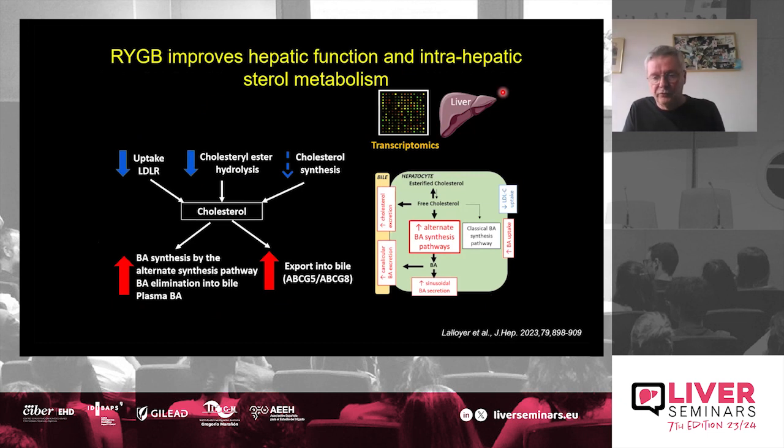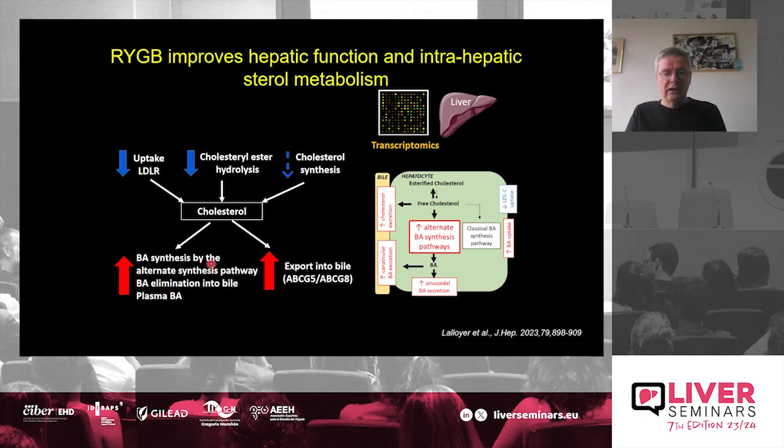We've finally finished the paper published by Fanny in the lab last year, where we could come up, again translational in humans, so mechanistic proof is very difficult to obtain, but where we found evidence that there is an improvement in hepatic function after Roux-en-Y gastric bypass and an alteration of intrahepatic sterol metabolism through the bile acid synthesis pathways.